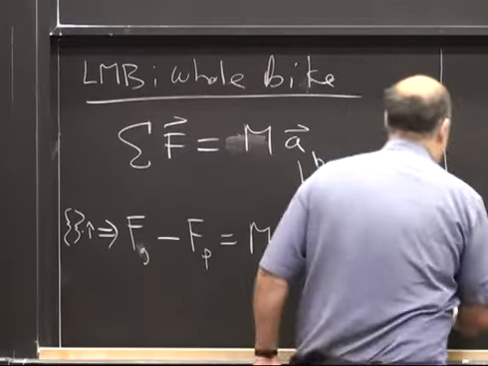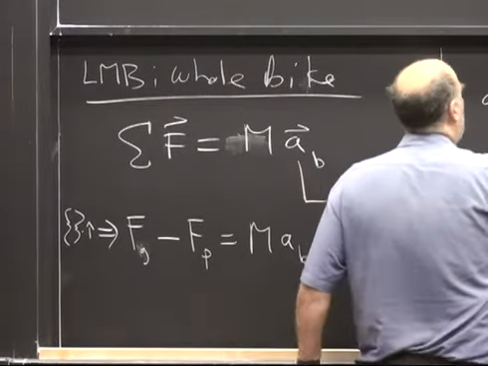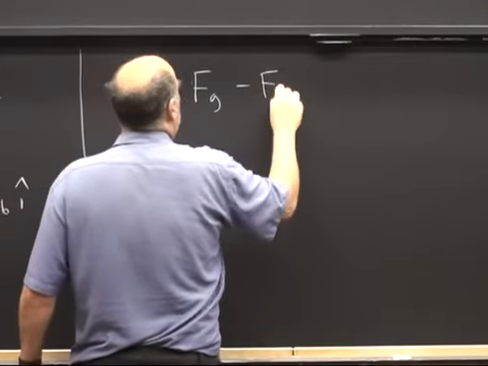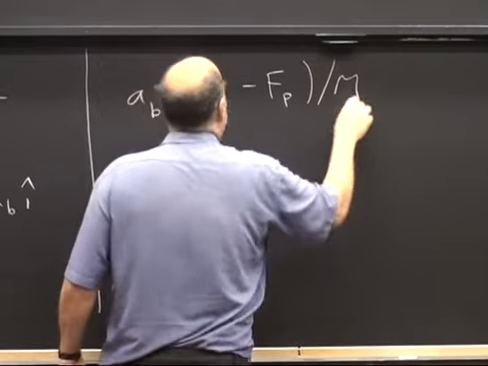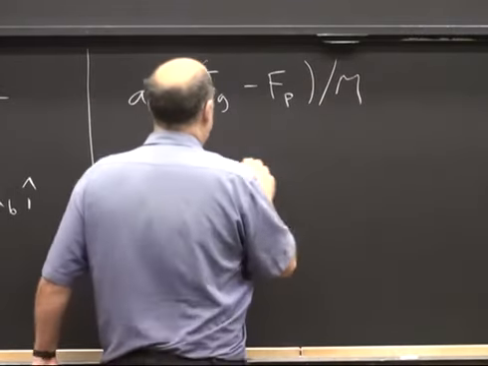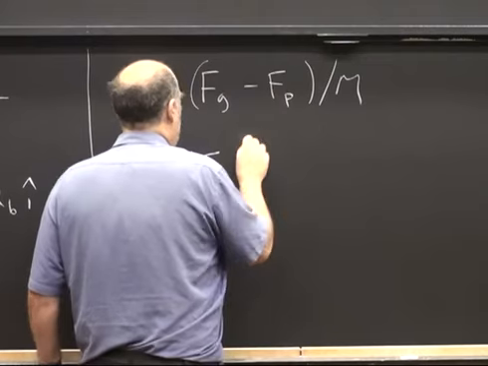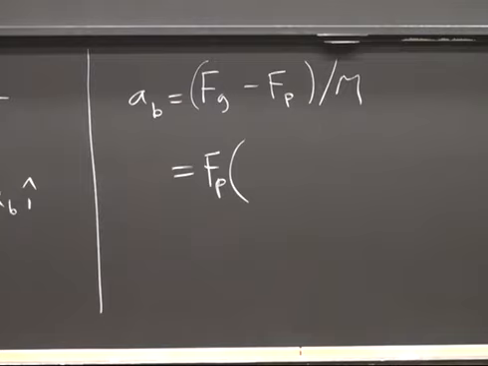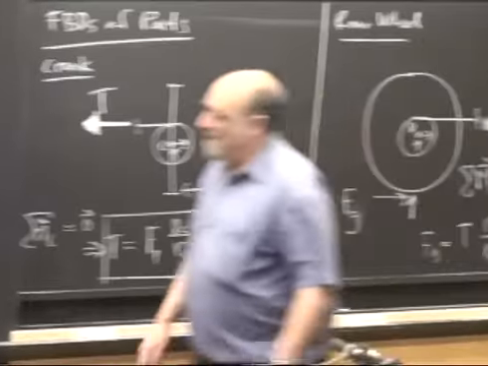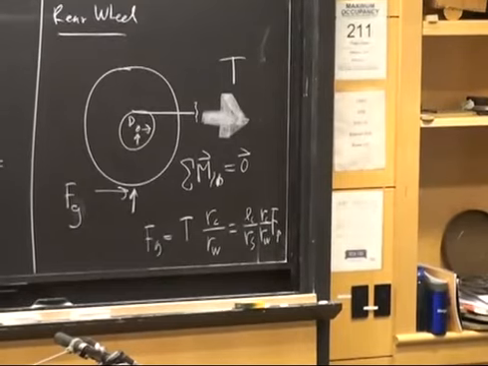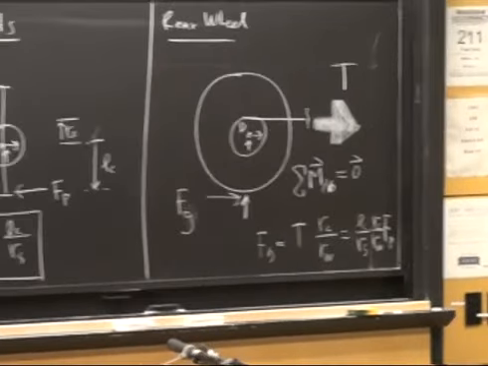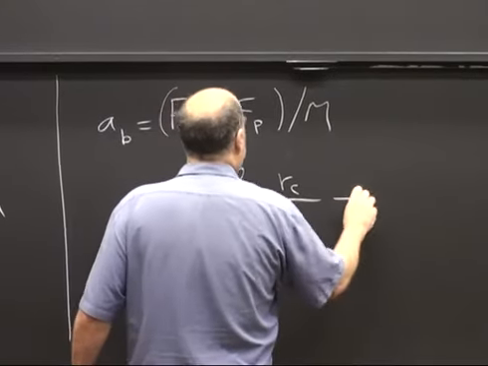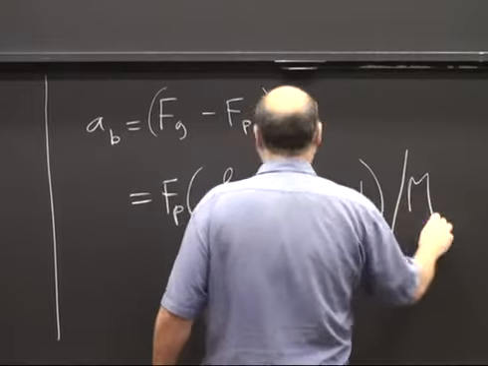Okay, so it says then that the acceleration of the bike is equal to the force of the ground minus the force of the pedal divided by the total mass. But the force of the pedal was common to both factors, so we get the force of the pedal multiplied by this whole cluster of terms, LC RC over RS RW minus 1, all divided by M.